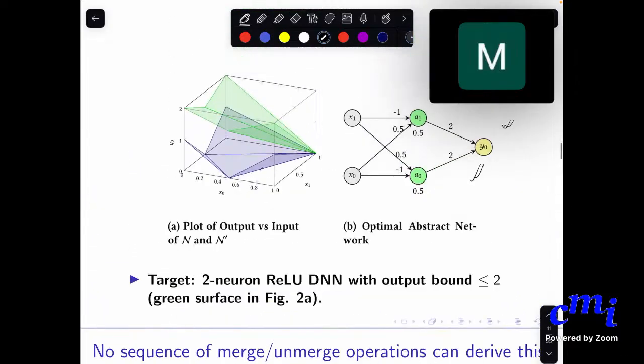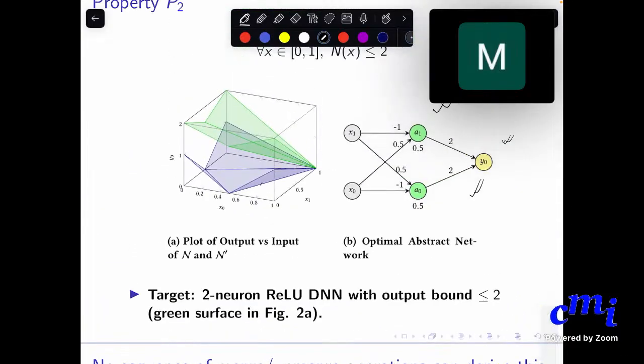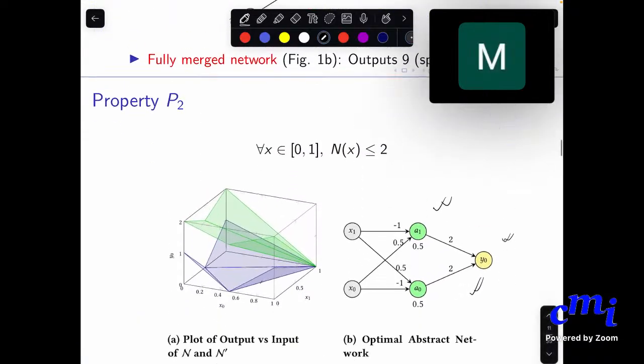In what sense? So the abstracted neural network, I'm saying optimal. I will proceed gradually, and why I'm using the term optimal will make more sense. But at least for now, this abstracted neural network satisfies the property that for all input between 0 and 1, the output will be less than 2.